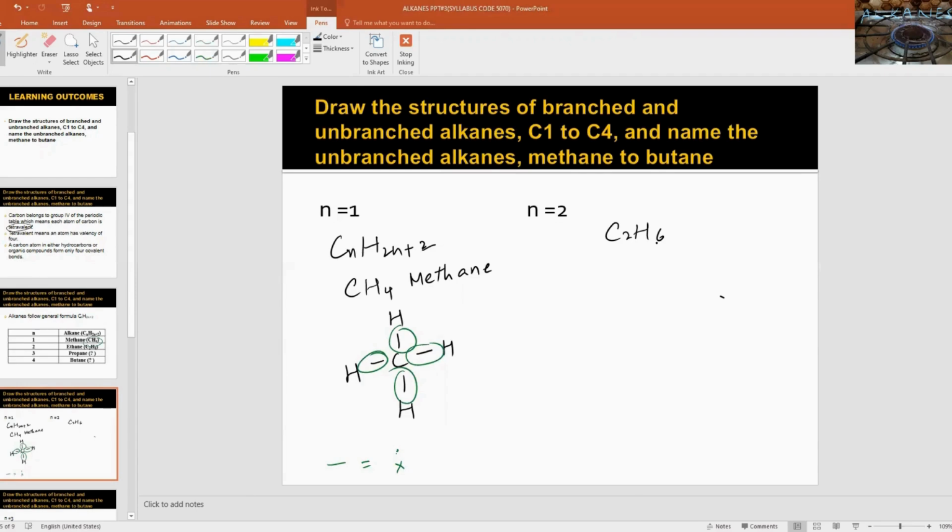In the ethane molecule, first of all, we will show the bonding between the 2 carbon atoms, which is through single bonds only. Recall, it is a saturated hydrocarbon. This is ethane.